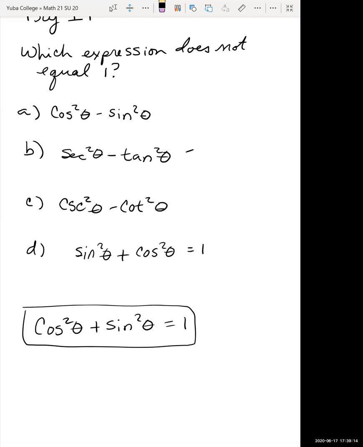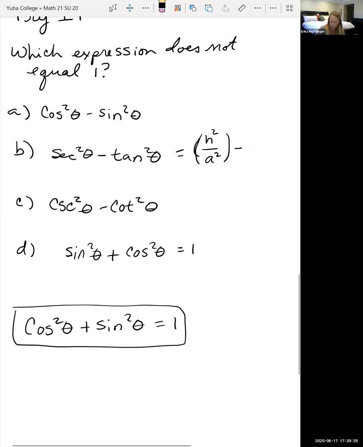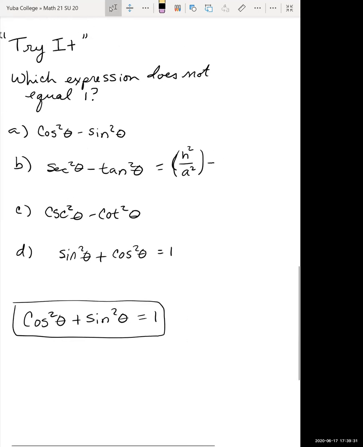Hypotenuse over adjacent. So we could think of this as hypotenuse squared over adjacent squared, minus, and then what do we know about tangent squared? Opposite over adjacent. Because the tangent is squared, we have opposite squared over adjacent squared.